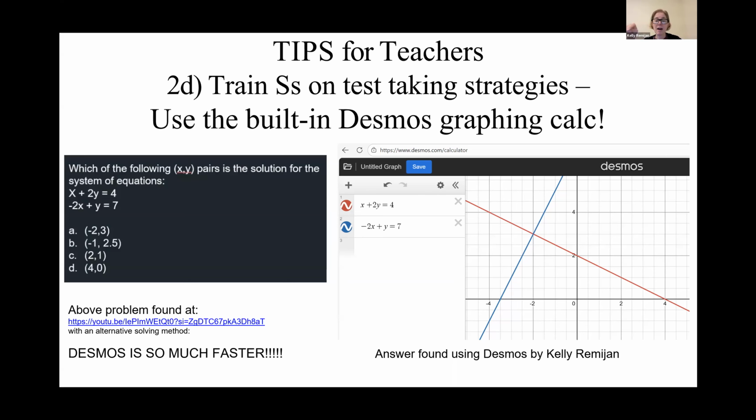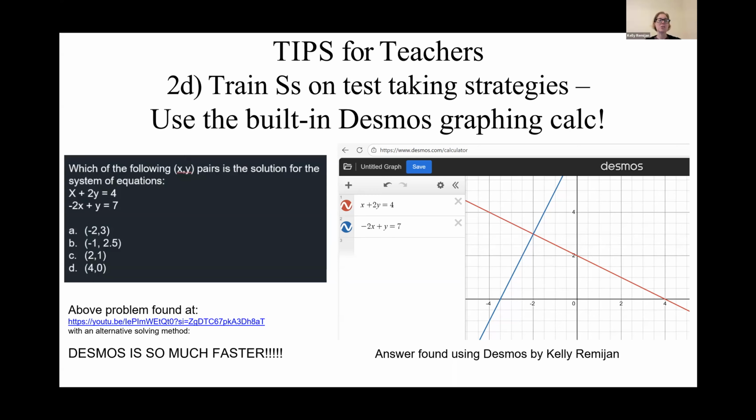Desmos, unlike the graphing calculator, allows you to enter in the equation as is in standard form. A graphing calculator requires you to solve it for y. But with Desmos, you just type in these two equations and boom, where those two lines intersect is your solution. And so I can see on the graph, my answer is -2, 3, choice A. Boom.